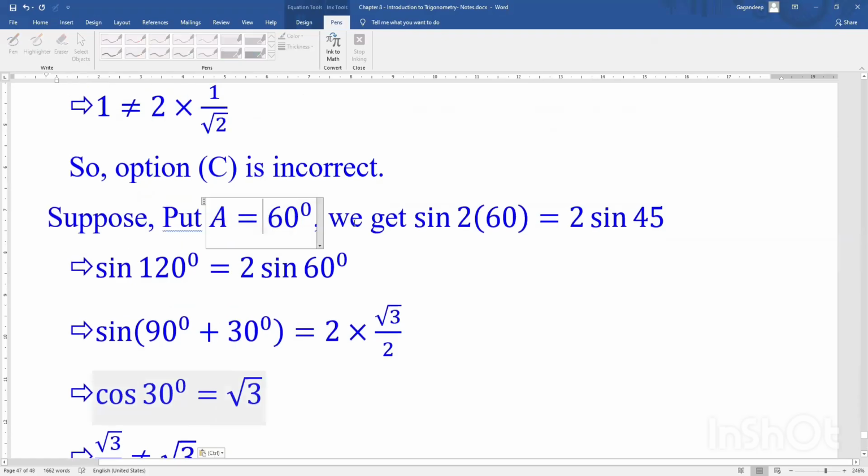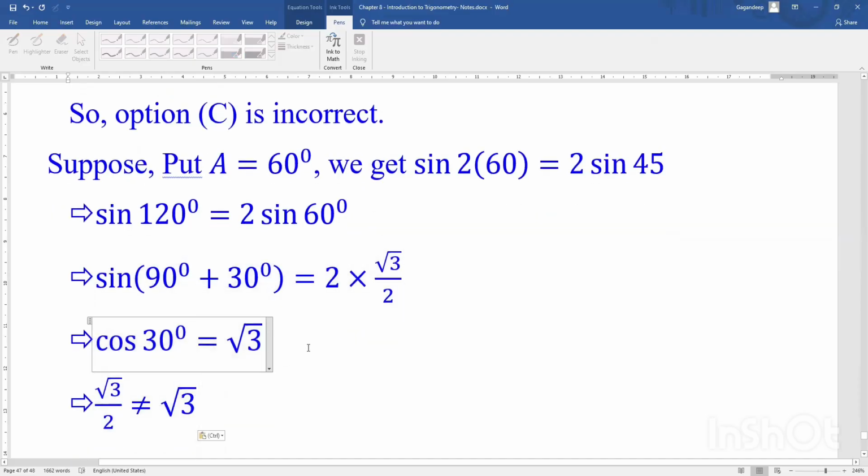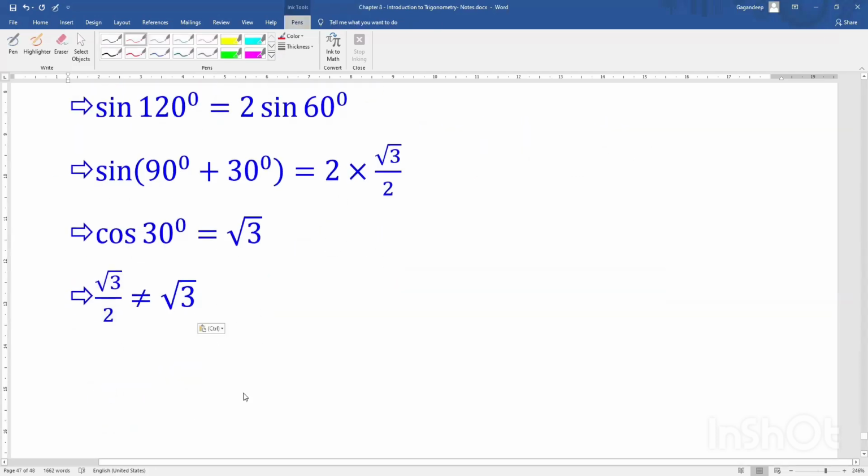We have put A equals 60 degree, we get sin 2 into 60, which is sin 120. 120 I split it as 90 plus 30. So this will be equal to cos 30. This you will be learning in higher classes. Okay, so that's why this option you can eliminate. So cos 30 is root 3 by 2, which is not equal to root 3. So even this option will be incorrect. Okay, so I can write option D is incorrect.